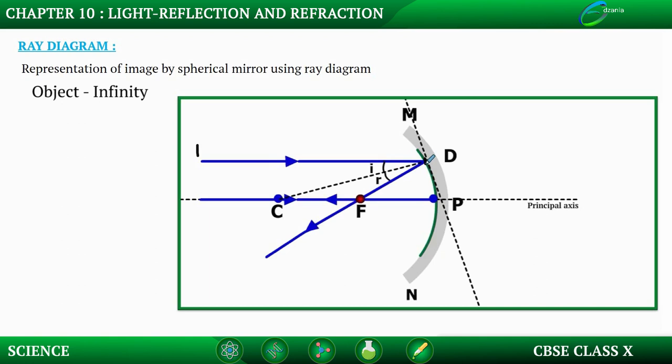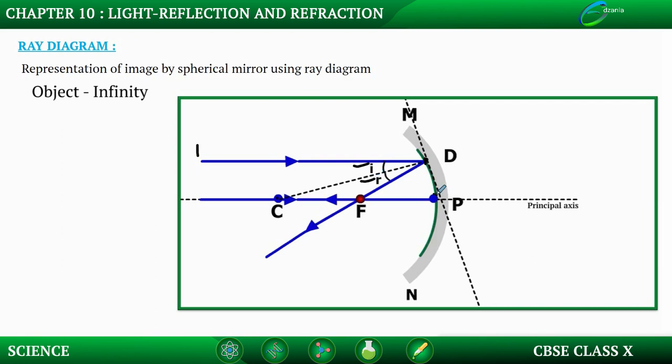To find the normal, because it's a part of a big circle, we draw the tangent at that point, and if we draw a normal from that point, we notice that it will always go through C, the center of curvature. From here on, the line joining the center of curvature and any point of the mirror is the normal to that point. So in this case, angle I will be equal to angle R, and the ray will pass through the focus.